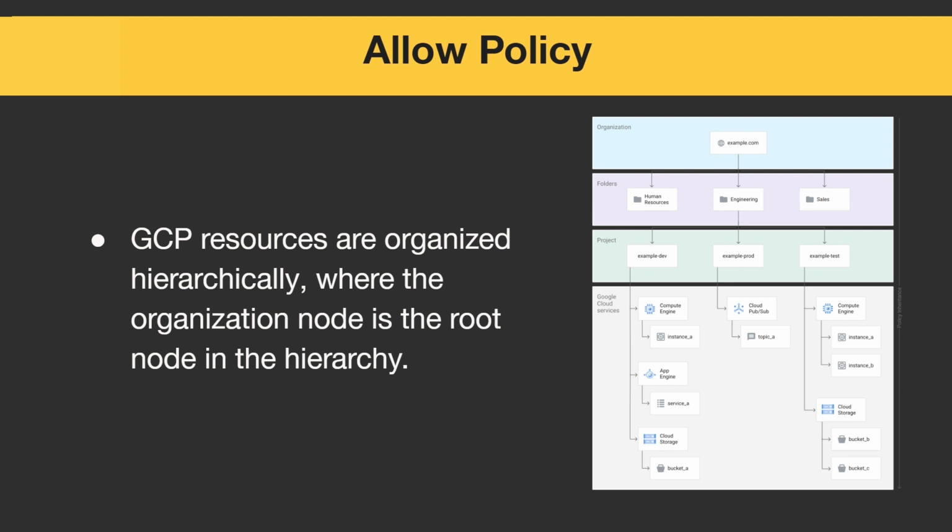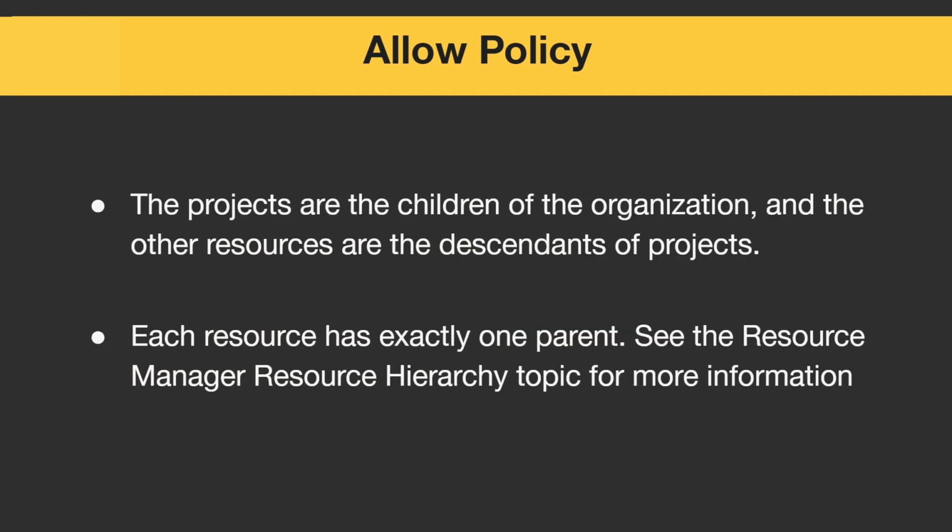And then you have the projects. Each project has a set of resources and works for different clients or different projects. The projects are the children of the organization, and each organization has multiple projects.